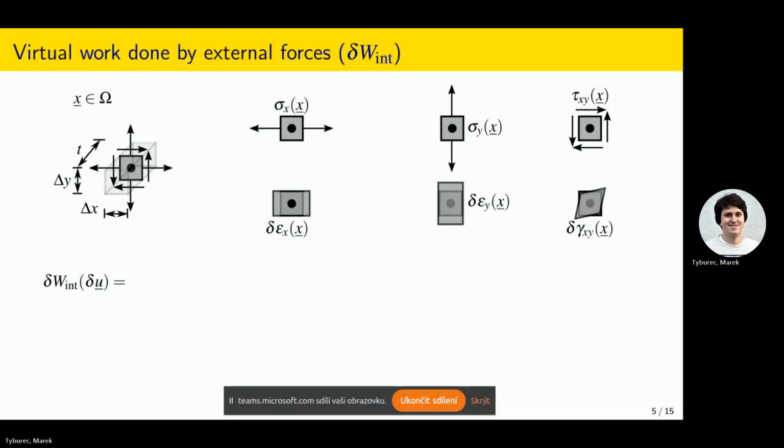Inside we will have sigma x d epsilon x plus sigma y d epsilon y plus tau x y of x delta gamma x y of x, and we integrate over dy dx.